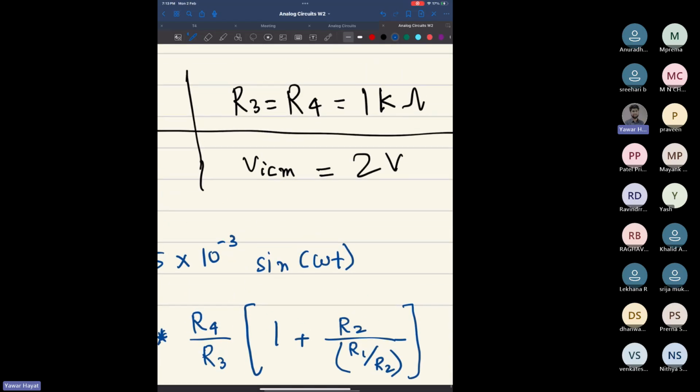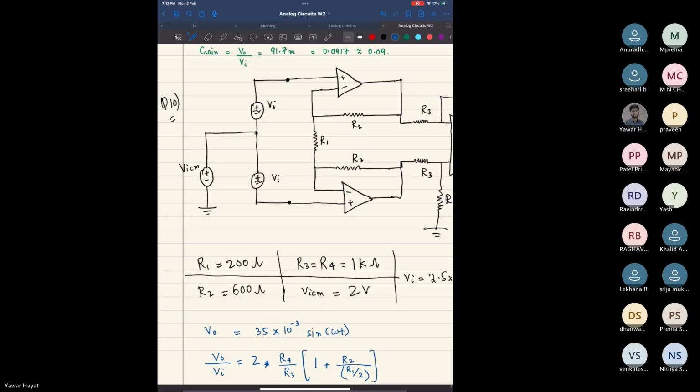No, this is 2. R1, R2, R3, R4 times. Yeah.